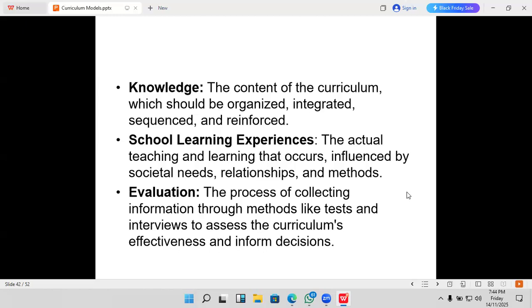That is integrated. Later we can study integrated curriculum, because some of the things that we should include in the content knowledge part, we have to show the children the relationship between one area to another area.